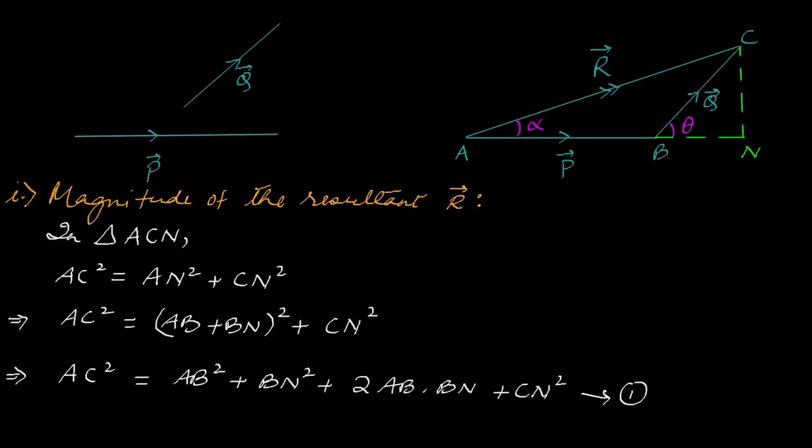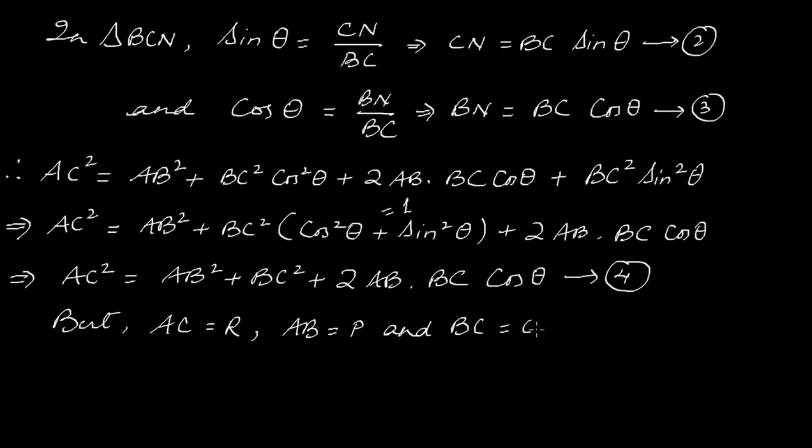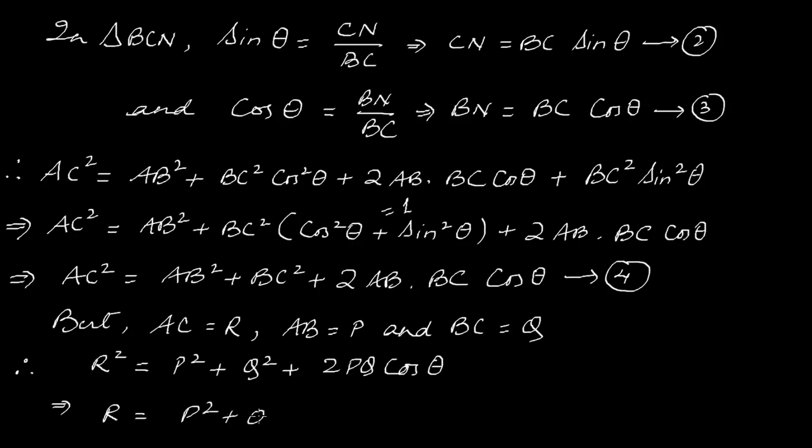BC is the magnitude of Q. So therefore you have R square is equal to P square plus Q square plus 2PQ cos theta, which implies R is equal to the root of P square plus Q square plus 2PQ cos theta.